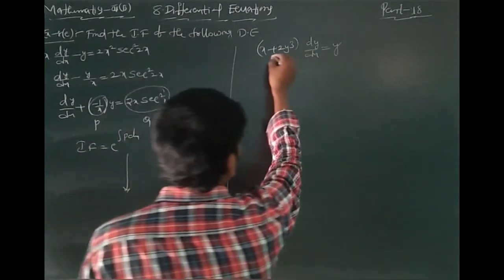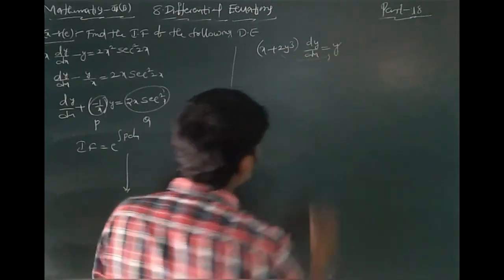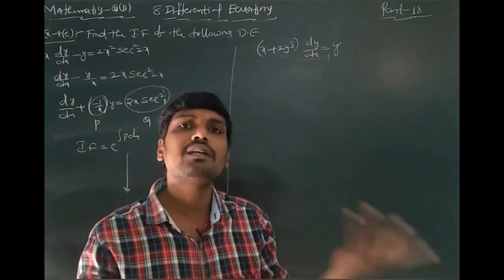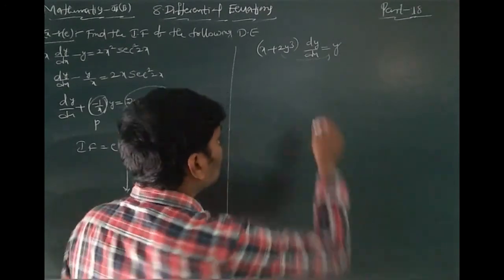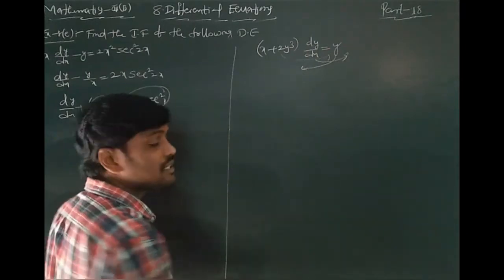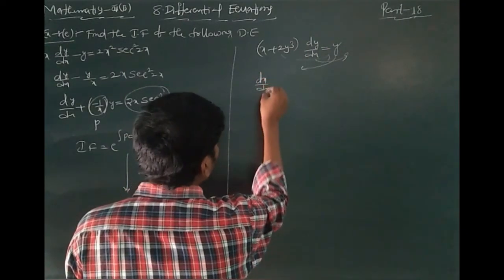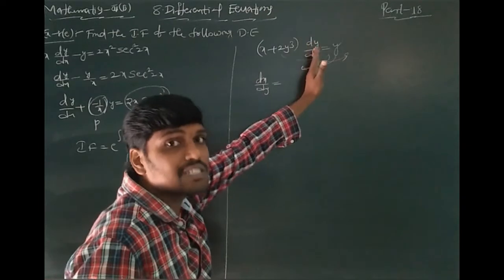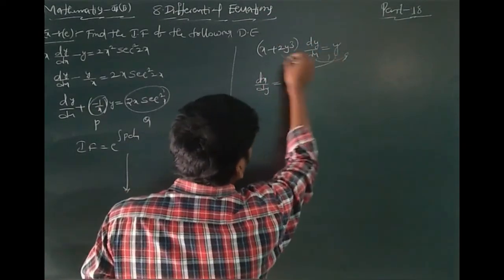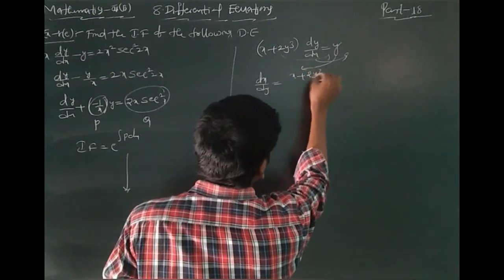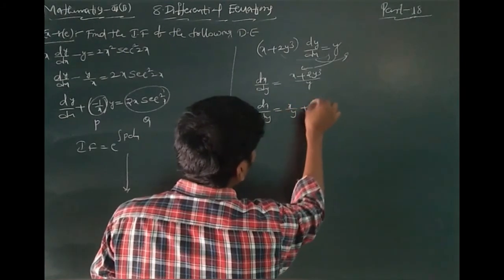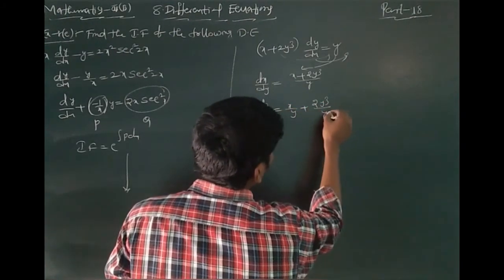Next, this one you can write as dy by dx equal to y by x plus 2y cube. You cannot divide it as separated, so this value goes to the other side. This dy by dx goes to that type, dx by dy is equal to x by y plus 2y cube by y.